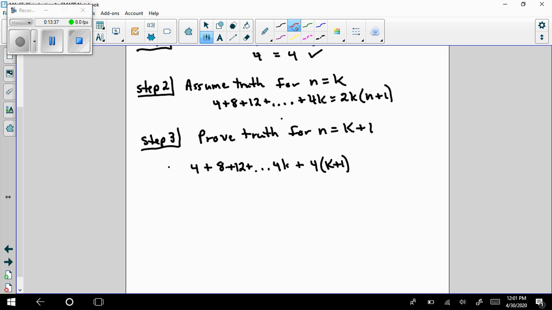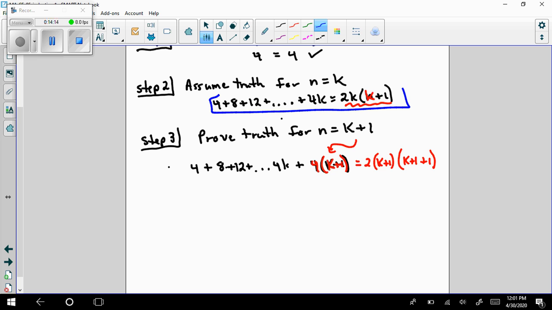Can't get my colors to work very well today, sorry about that. And that should equal this statement, but my k's changed to k plus 1. So I have 2 times k plus 1 times k plus 1 plus 1. Okay, so if I look here, this blue one, here is my original statement right here.